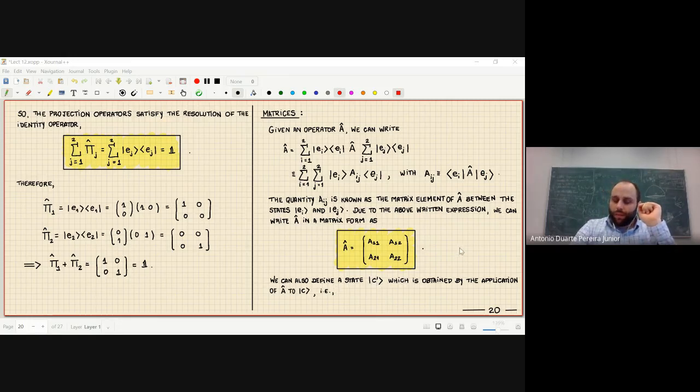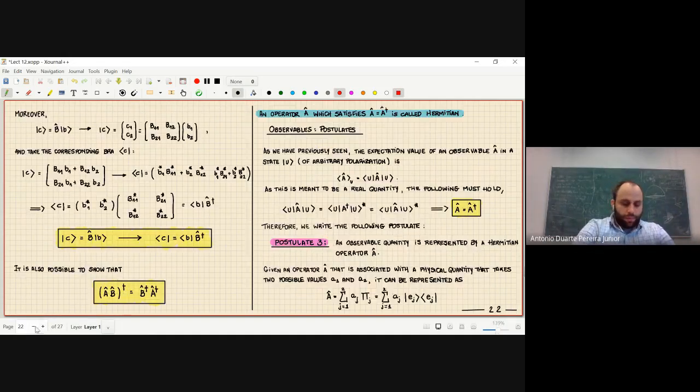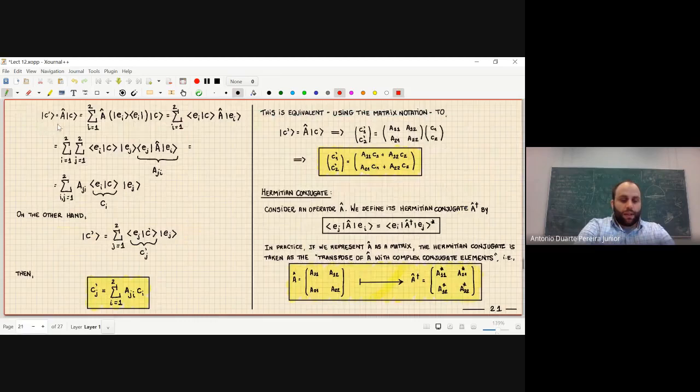So if I define A hat multiplying C, this will give me a ket that I'll call C prime, okay? And now I can play again with the insertion of identities.